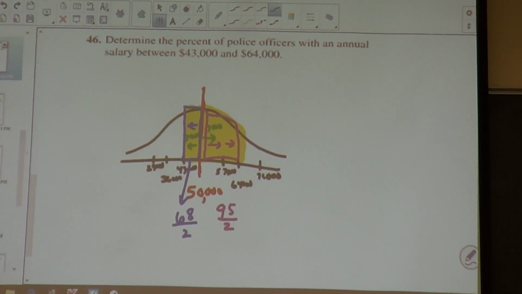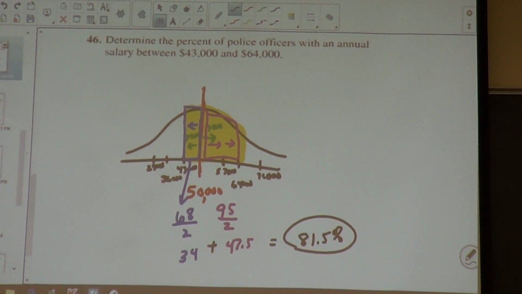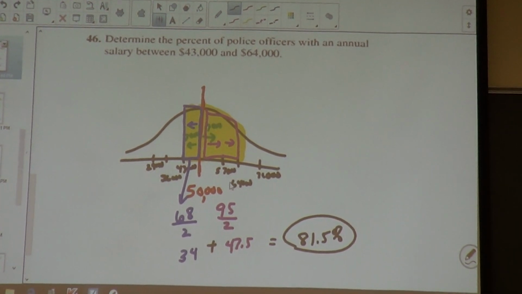So a 68 cut in half, 68 divided by 2 is 34. A 95 cut in half is a 47.5. And when I add those together, I get an 81.5%. Feeling better?